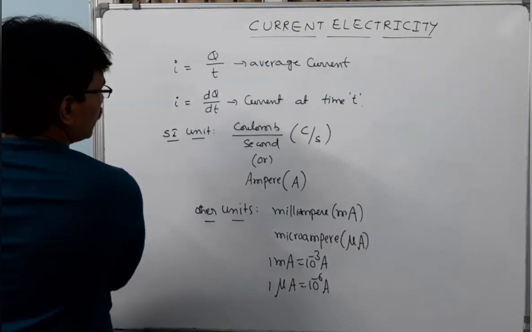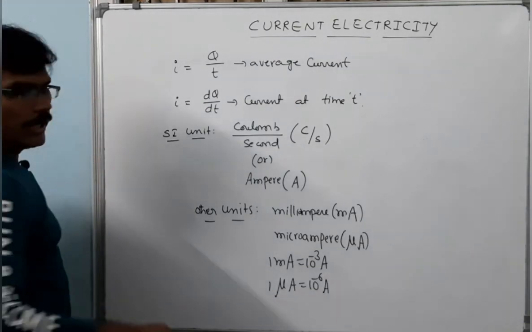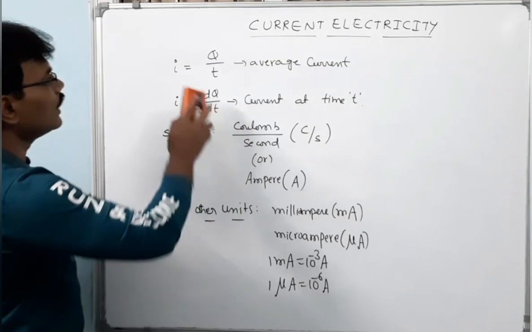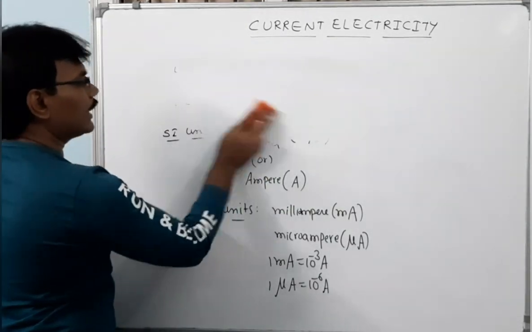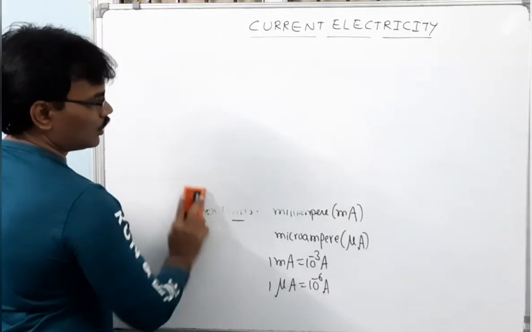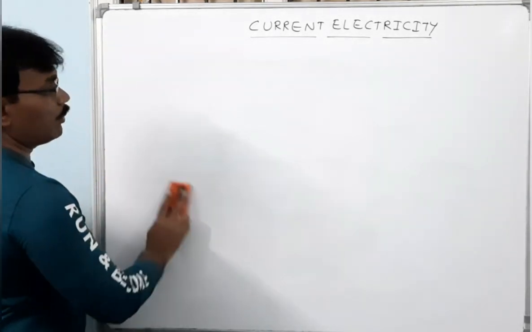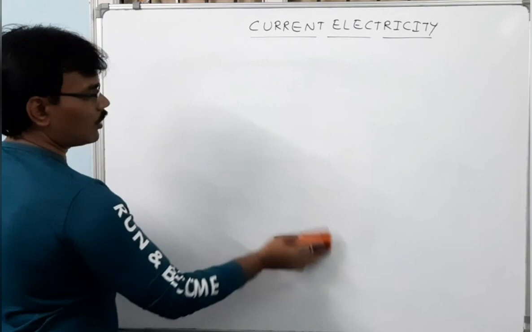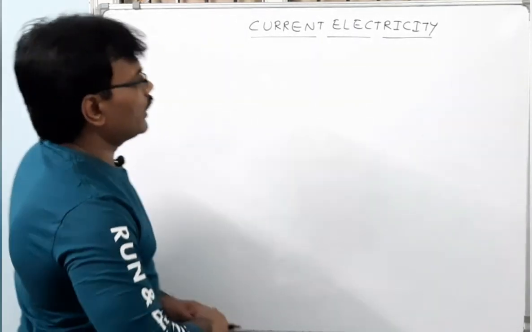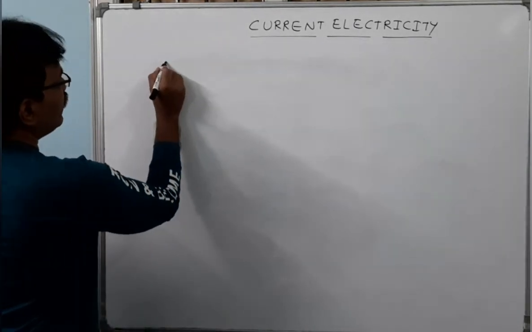Next, is electrical current a scalar quantity or a vector quantity? Electrical current has direction as well as magnitude, so it may be thought to be a vector quantity, but it is not. Electrical current is a scalar quantity.